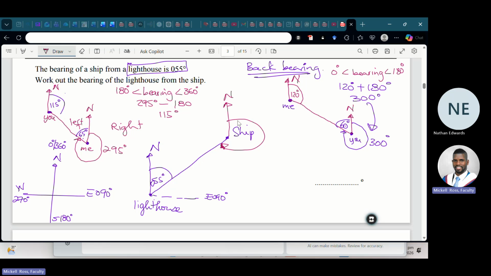Because your first bearing is less than 180, to get the back bearing, it's going to be 180 plus 55.